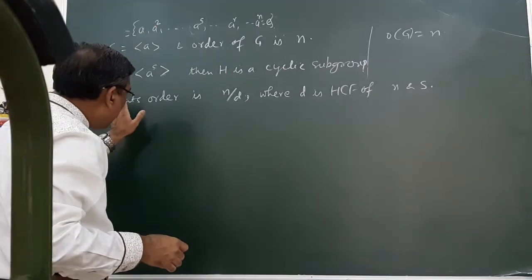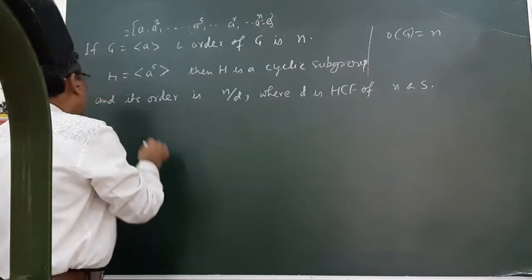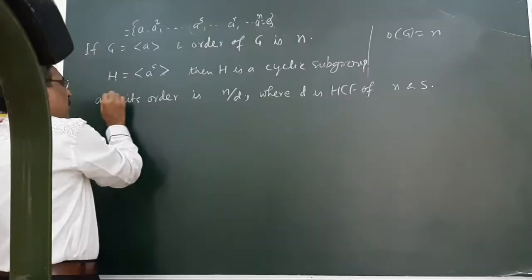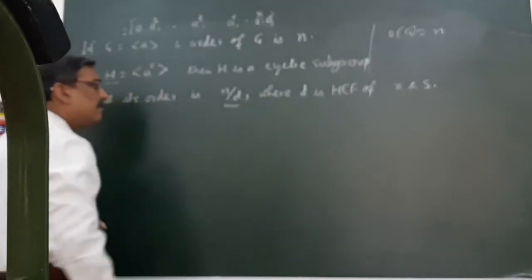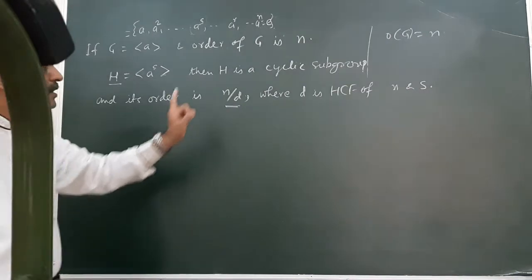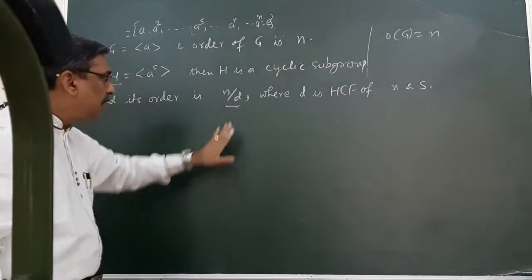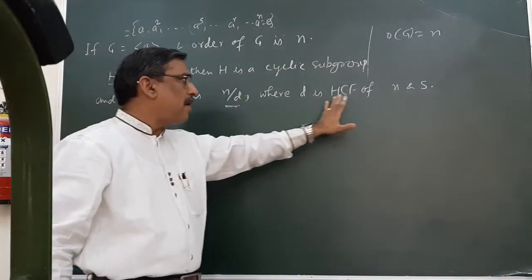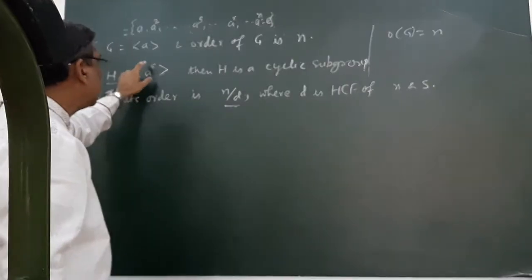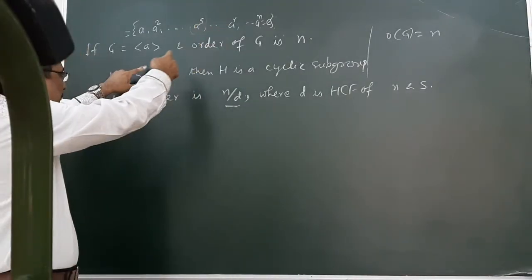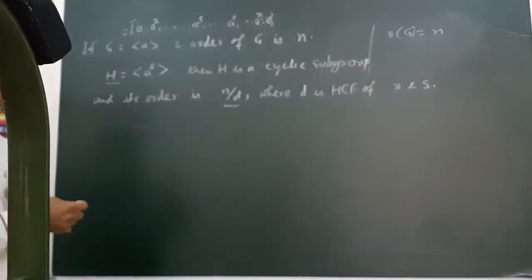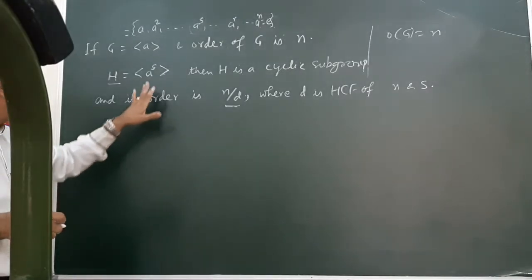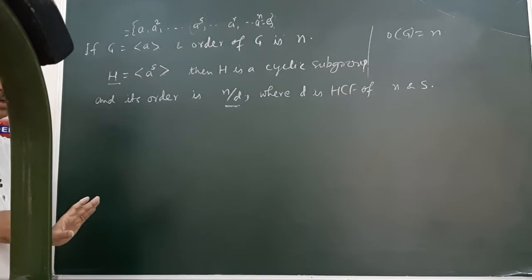And the important fact is that the order of H is n by d. Here n is the order of the group, and d is the HCF of n and S, where S is the power of the generator.